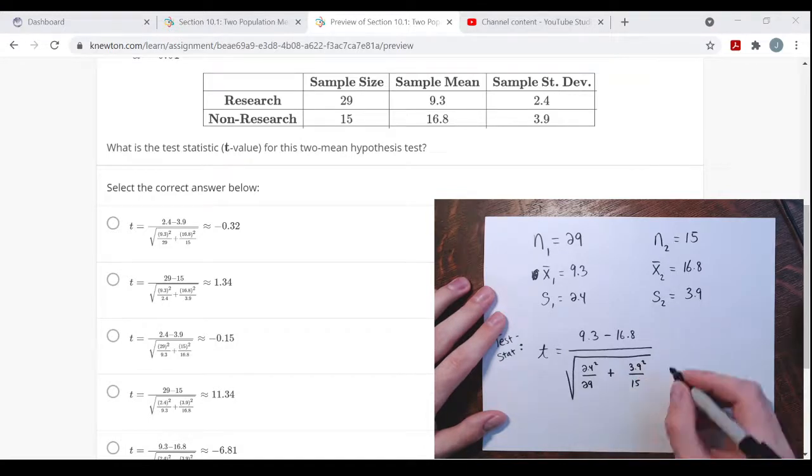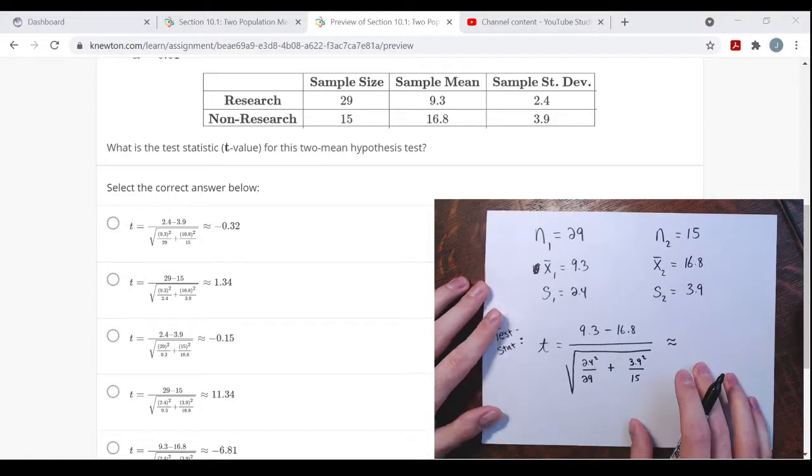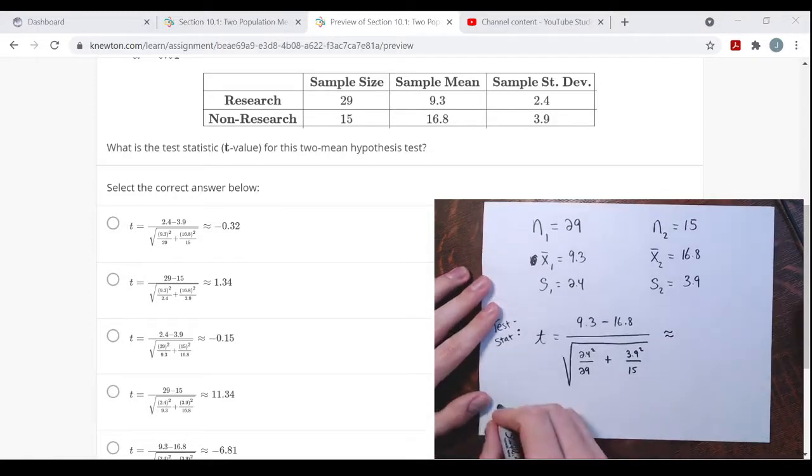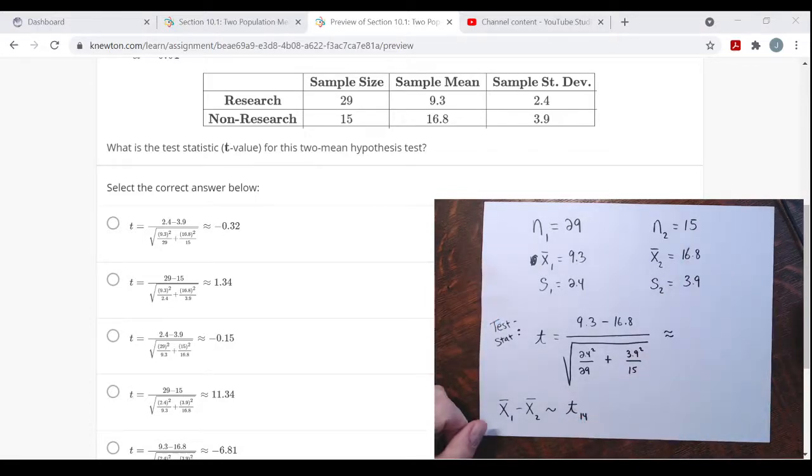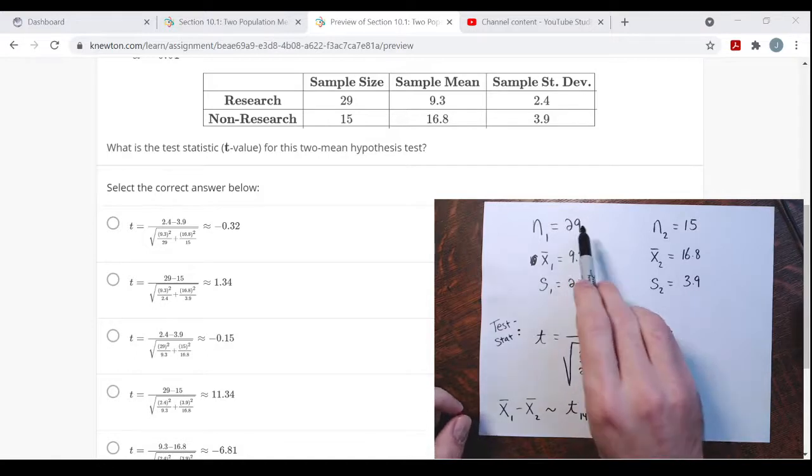And I'll approximate this. Before I get to that, I'm also going to point out that the distribution of x1 bars minus x2 bars here would be a student's t-distribution with 14 degrees of freedom. Remember I said earlier it was the smaller of the 2 degrees of freedom.